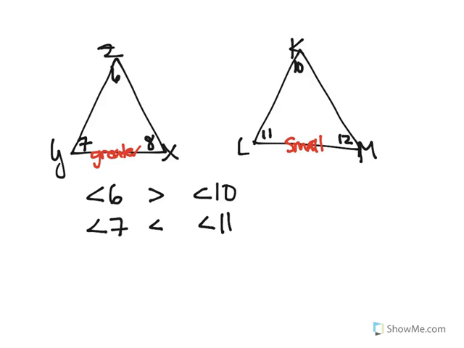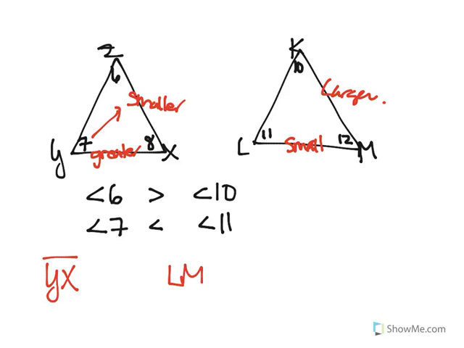If angle 7 is less than angle 11, that means the side across from the 7 is going to be smaller, and this is going to be larger. So now, can you compare YX to LM and give me an inequality symbol in there, and let's do KM compared to ZX.